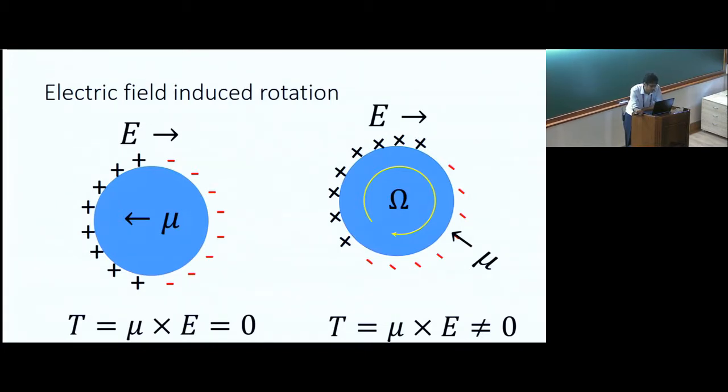If the dipole moment is exactly aligned opposite to, or in the direction of, the electric field, either way around, the torque in the system is going to be 0, but that's an unstable equilibrium. If you slightly tweak this system and make an angle between the mu and the E, the torque is finite and this object is going to rotate, in a direction perpendicular to the direction of the applied electric field. So basically, if you have an applied electric field, this object is going to roll.